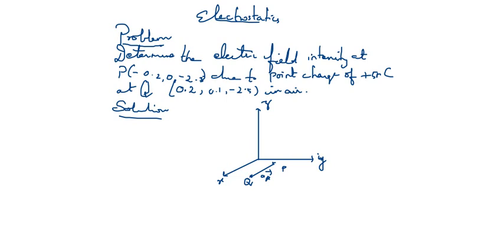Let us see the solution of this. You know that the electric field can be given by E is equal to Q divided by 4 pi epsilon naught r square into the unit vector a r. The unit vector a r is given by the vector r QP, the distance vector between the two charges Q and P, divided by the modulus of r QP vector.